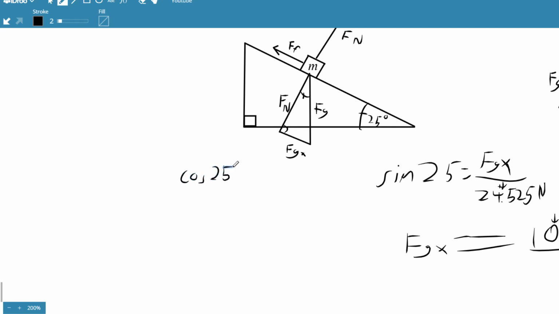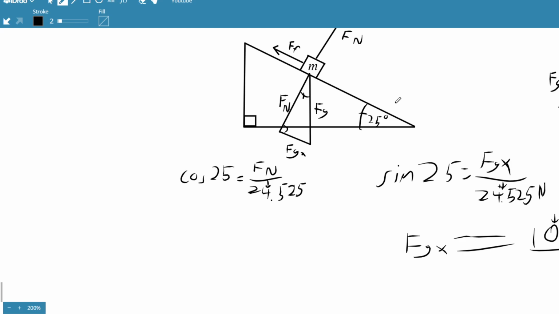Cosine 25 equals Fn over 24.525, which is Fg, the hypotenuse. Cosine is adjacent over hypotenuse. Adjacent is Fn, hypotenuse is Fg, so that works.